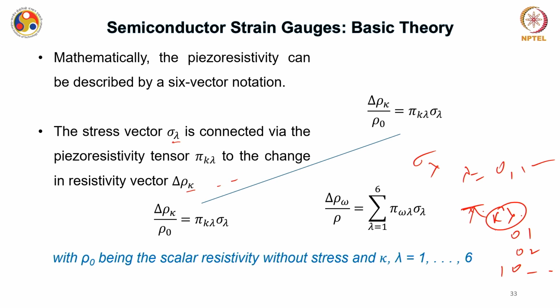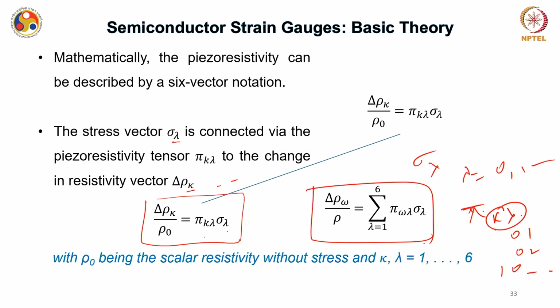So del rho by rho naught is equal to pi into sigma, where lambda can vary from 1 to 6, and accordingly you can have the value of rho.